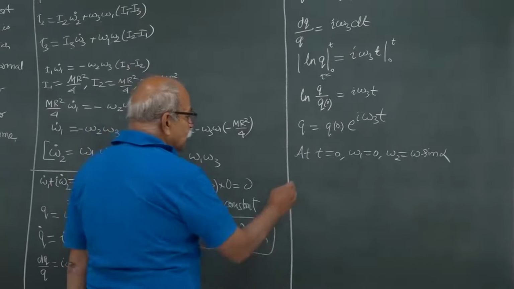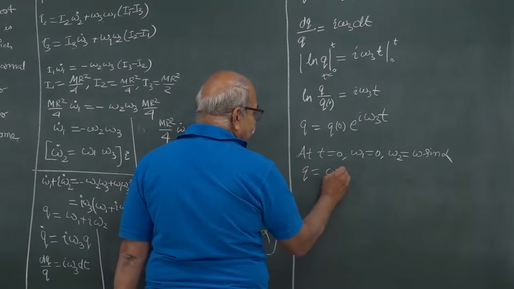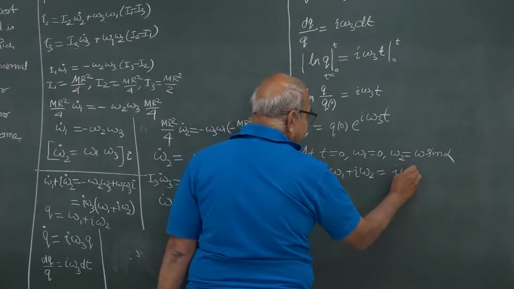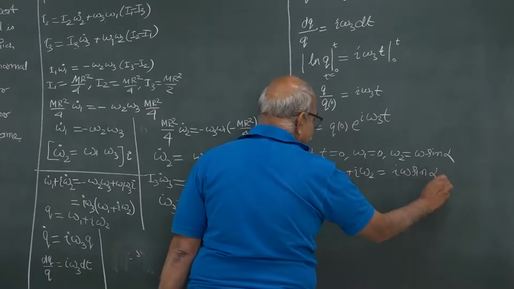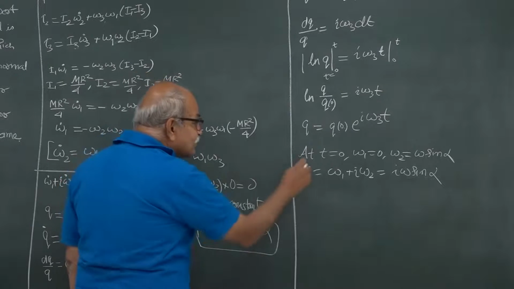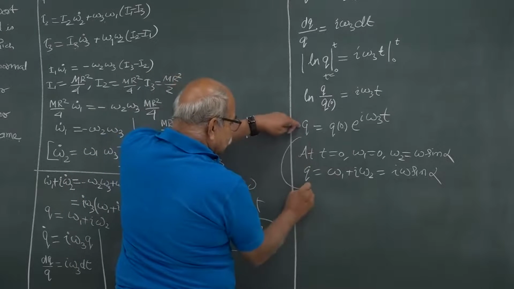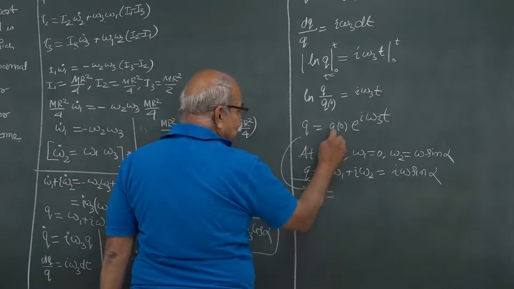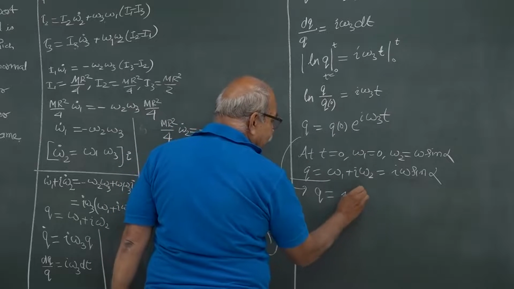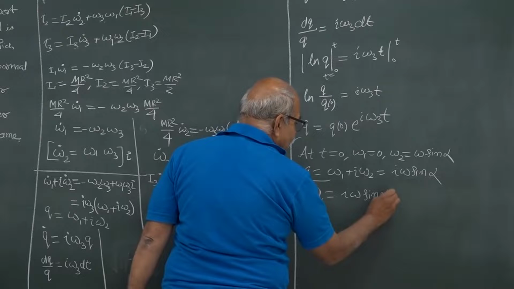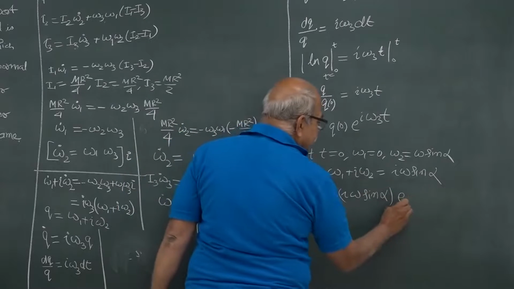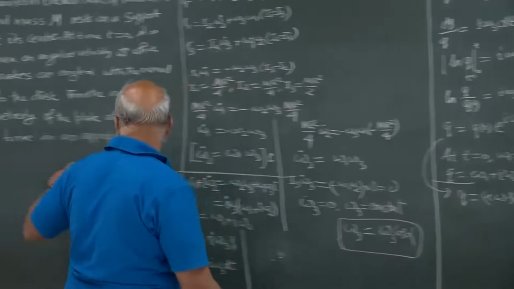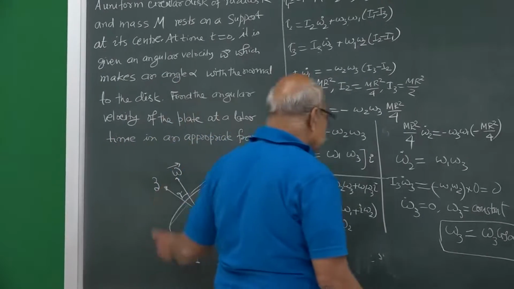All right. So, q is equal to omega 1 plus I omega 2, which is equal to I omega sine alpha. This is q at t equal to 0. Hence, q at time t is equal to q at time 0, which is I omega sine alpha, multiplied by e to the power I omega 3, and we know omega 3 is omega cos alpha.